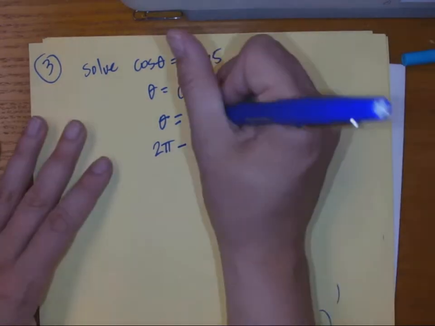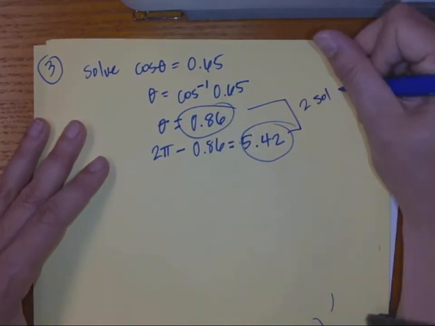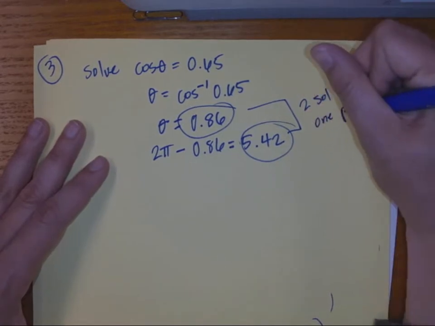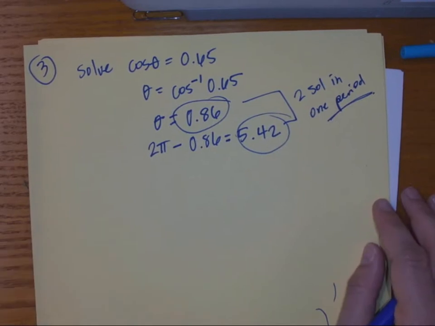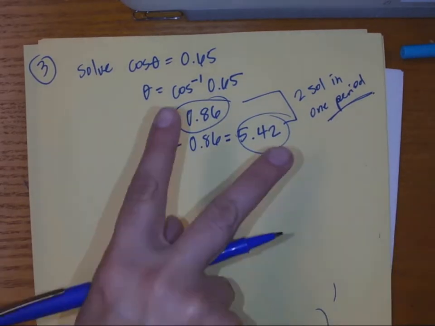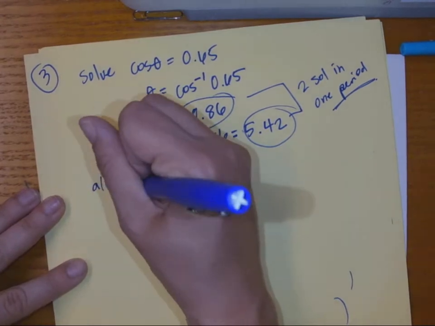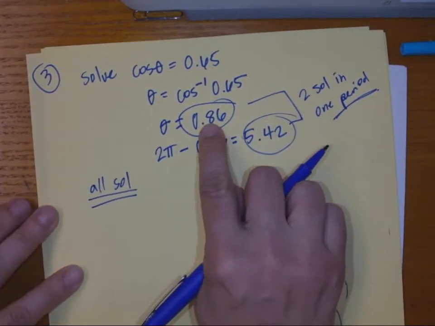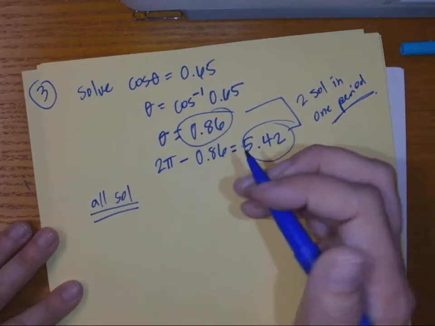So those are my two solutions. Two solutions in one period. If the question just asked to give two solutions, there's two specific solutions. If we wanted to give all the solutions here, since this is cosine, I'm just going to do these two answers plus 2k pi.